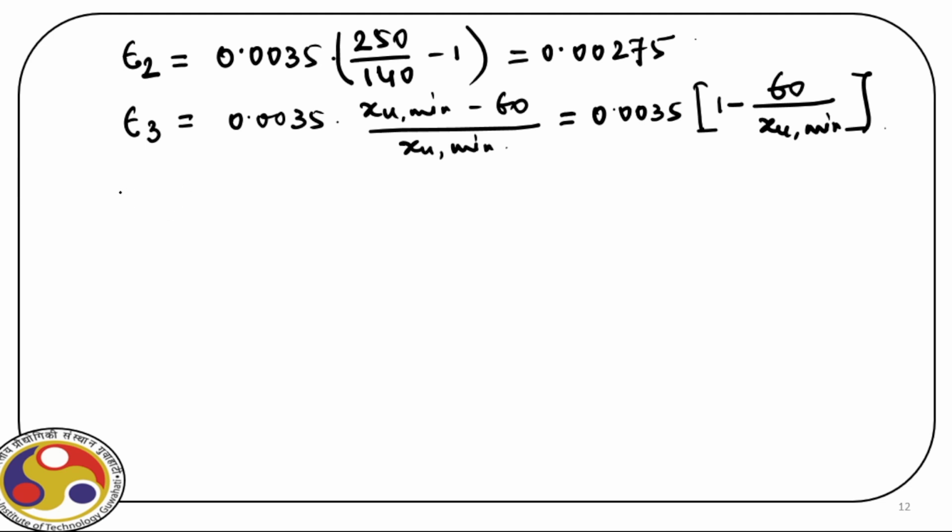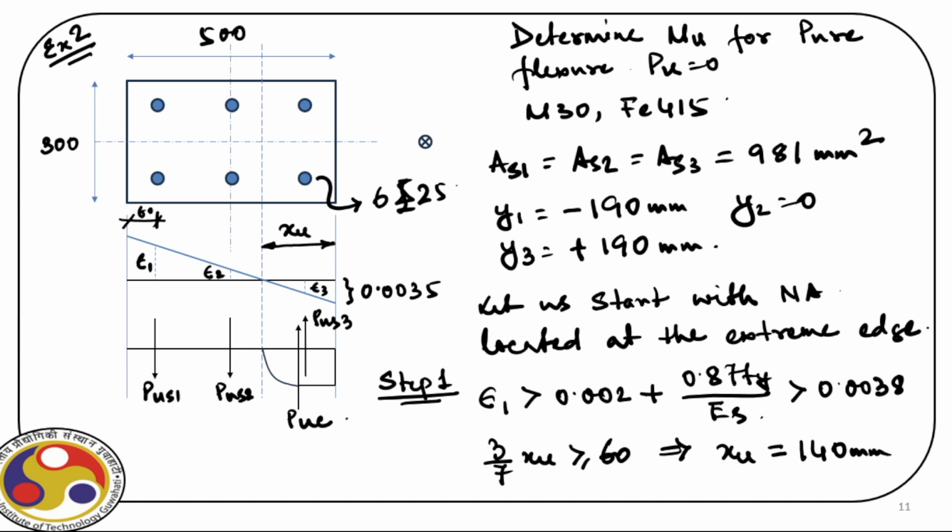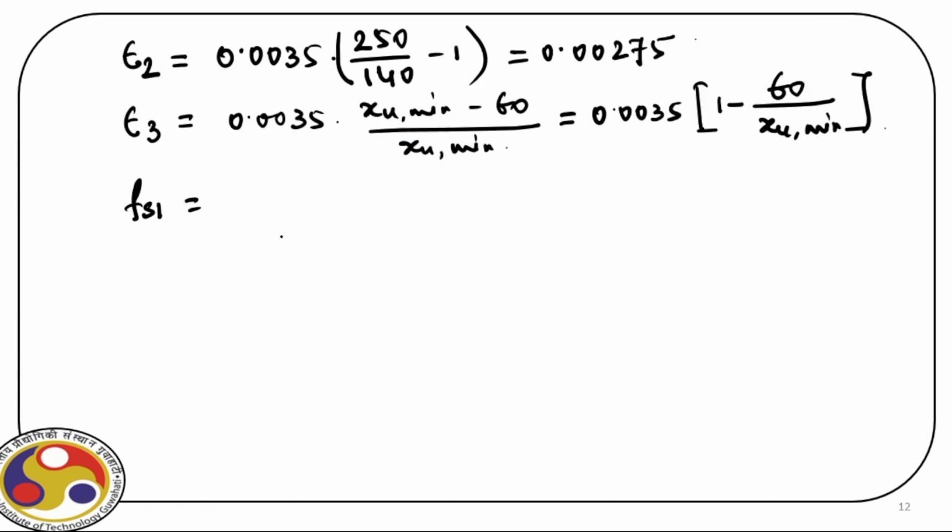Now the stresses. We have Fs1. We know epsilon 1, so Fs1 is 0.87 Fy because the strain is more than 0.0038. So this is equal to 361 Newton per millimeter square.